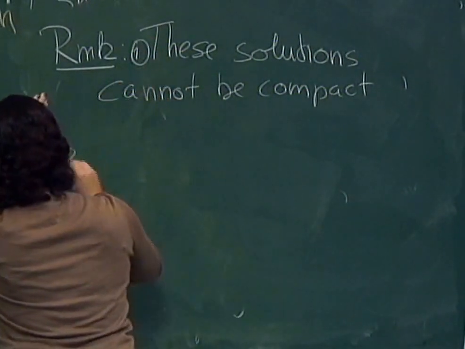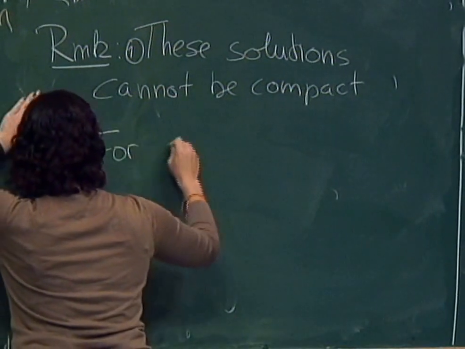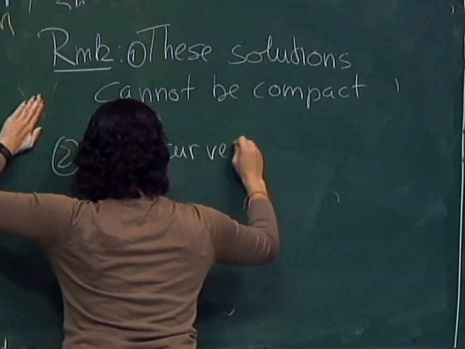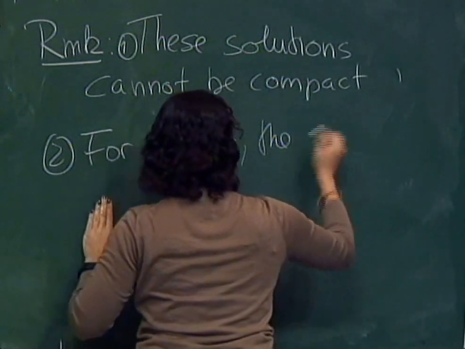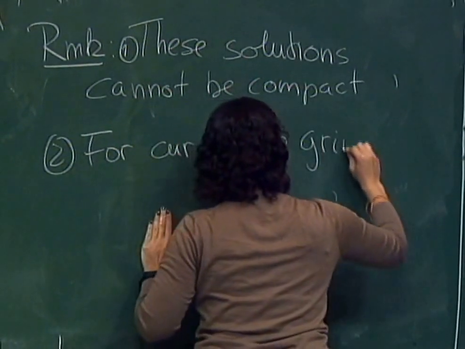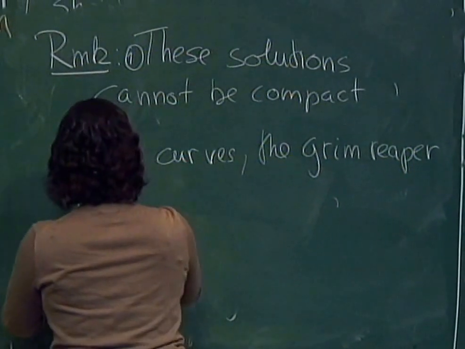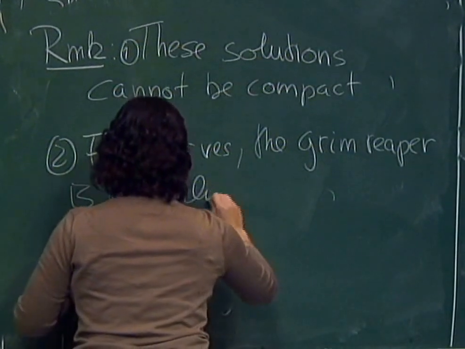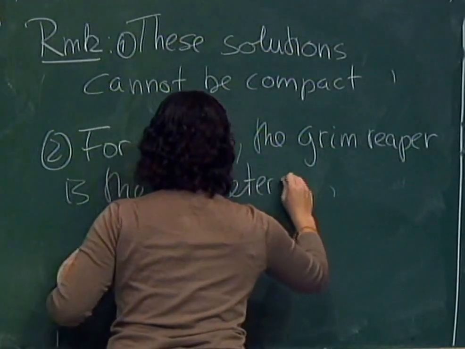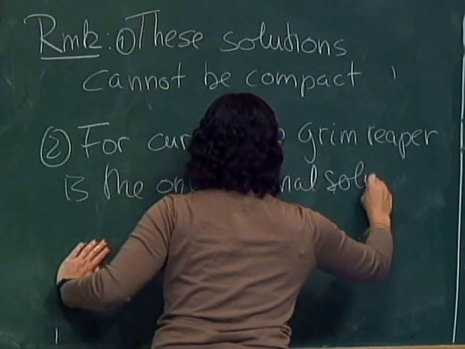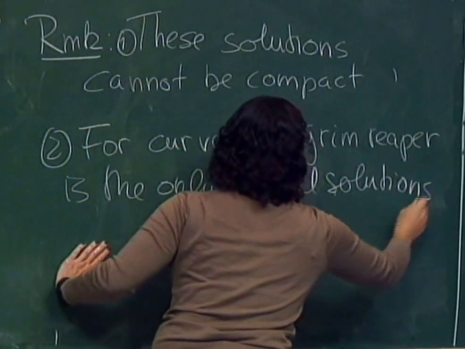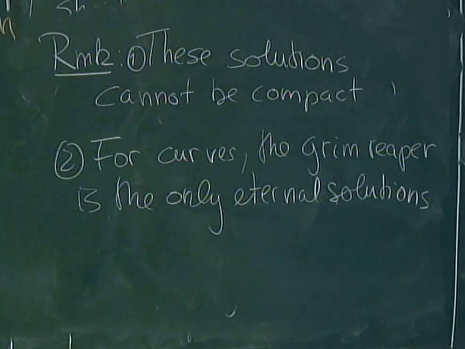And for curves, the Grim Reaper is the only eternal solution. So as understanding singularities type 1 is the same as understanding self-similar shrinking solutions, understanding type 2 means to understand things that are eternal.